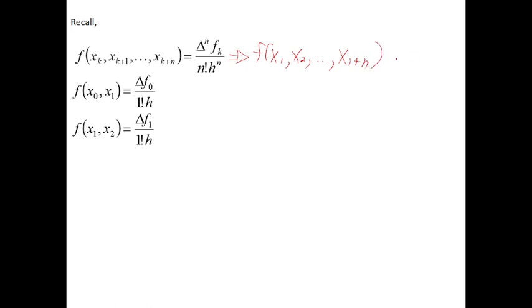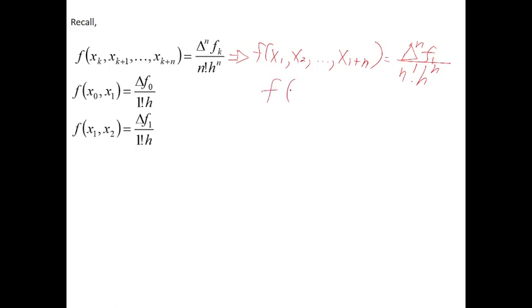Okay? So, in that case, magiging delta to the power of n, f sub 1 siya ngayon. Okay? Kasi it follows yung k. F sub 1 over 1 factorial, sorry, n na. N is 2. Sorry, mamaya na yun. N factorial over h to the power of n.